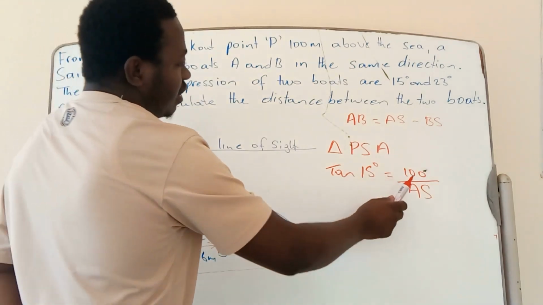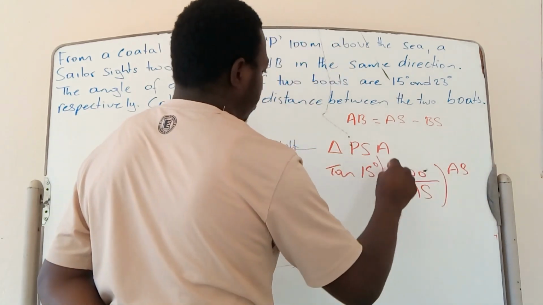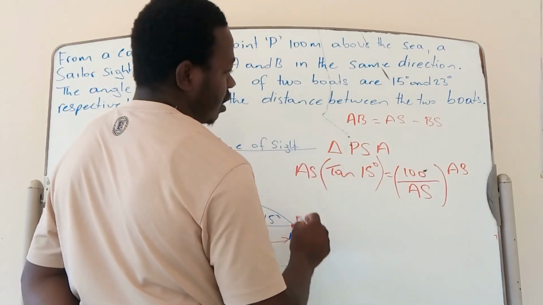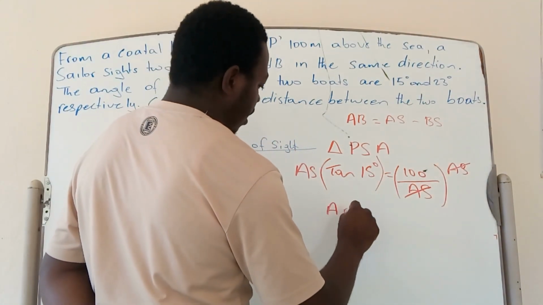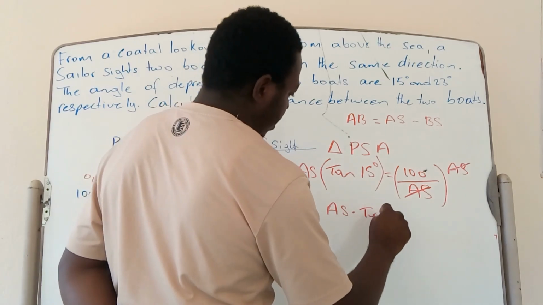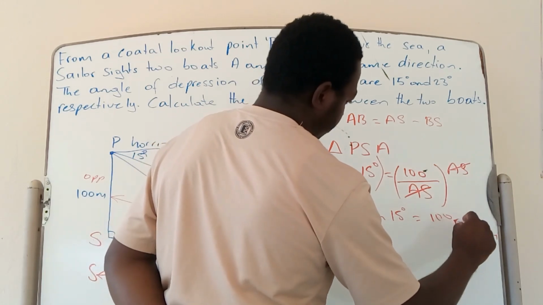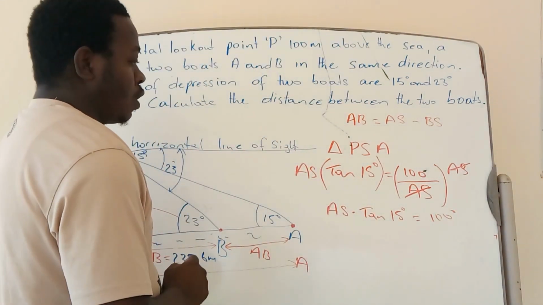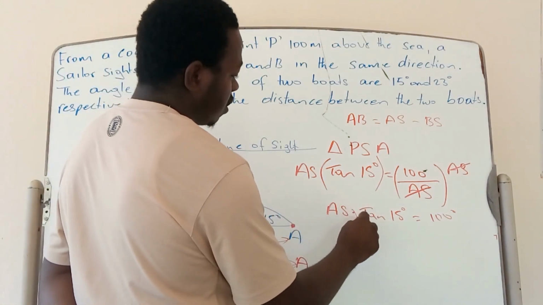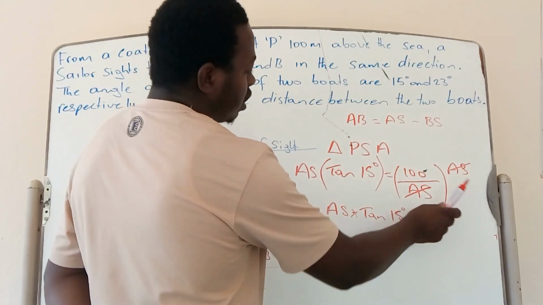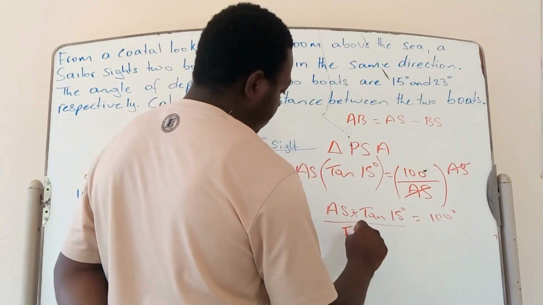Now we want to find AS, so multiply both sides by AS. AS cancels out AS. What we're left with is AS times tangent of 15 degrees is equal to 100. So now we need to divide both sides by tan 15.